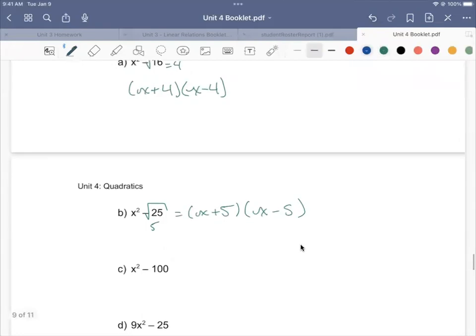Essentially, a formula that you can use for this is x squared plus c is equal to x plus, or sorry, that should be a minus. It will always end up being x squared minus c equals x plus the square root of c times x minus the square root of c.